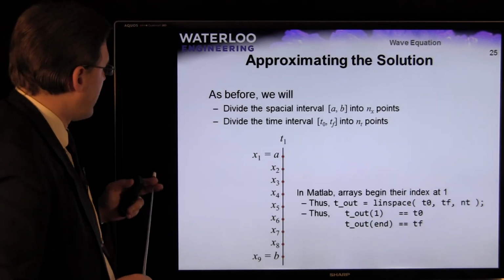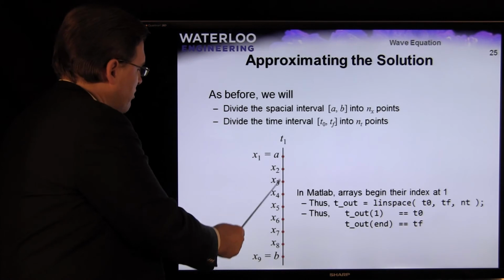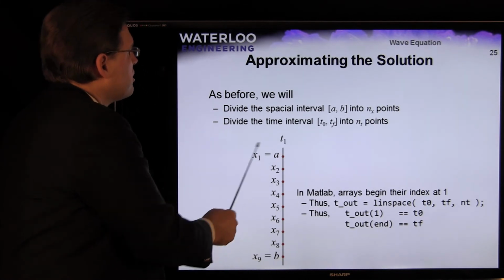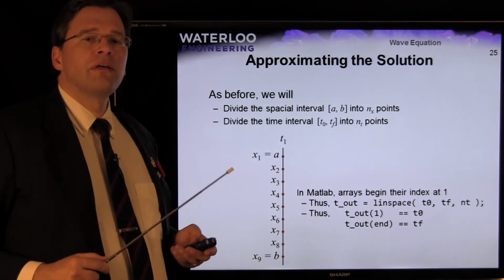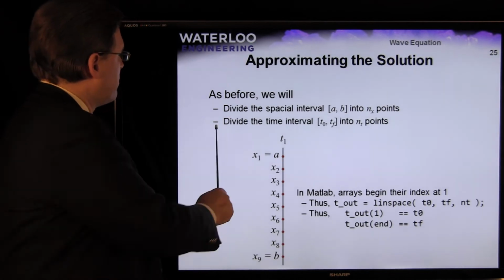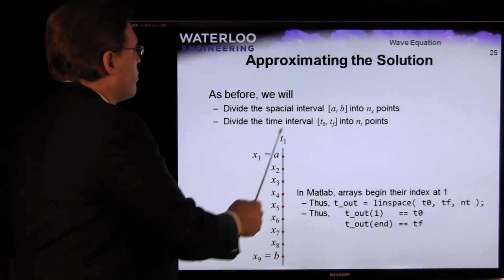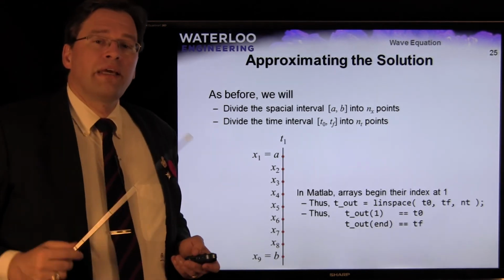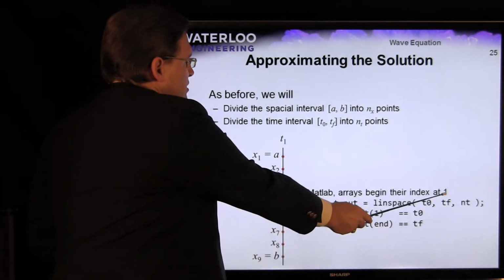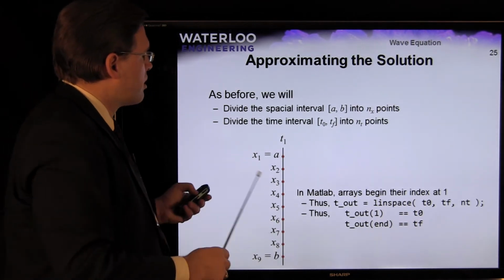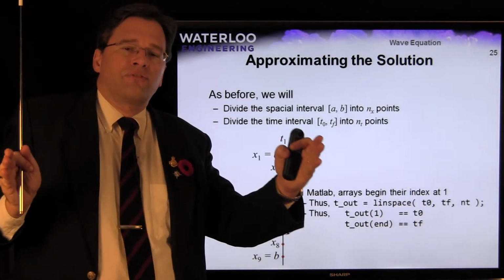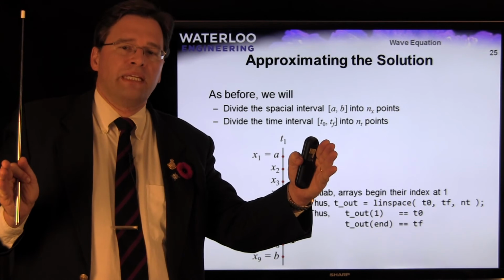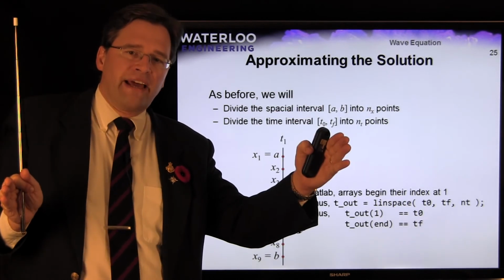Now, as I've said, we're going to divide the spatial dimension into n sub x points, and of course we will be dividing the time interval t naught to t final into n sub t points. Now recall that in MATLAB indexes start at 1, and therefore our time interval will be broken up into n sub t points going from t naught to tf.